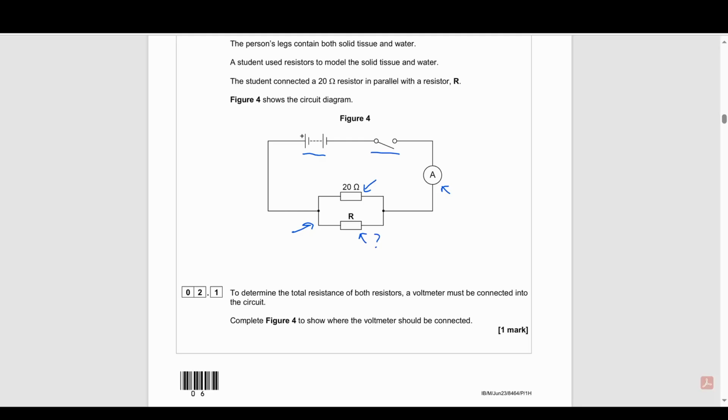Complete figure 4 to show where the voltmeter should be connected. Well, a voltmeter is measuring the potential difference. And when we include a voltmeter in any circuit, it needs to be in parallel across the components. So we need to show a voltmeter across the 2 resistors in parallel. So the best place to put that would be here.